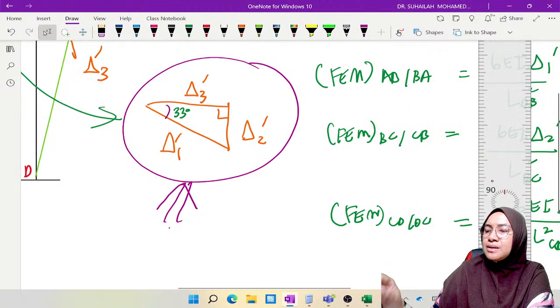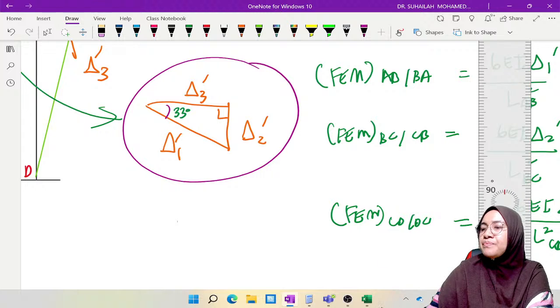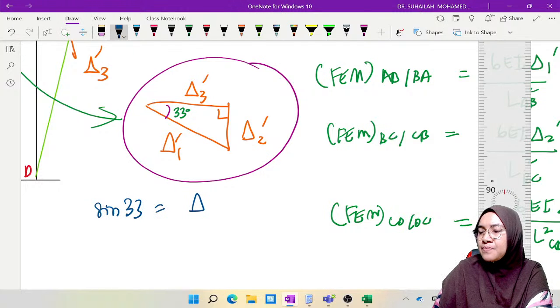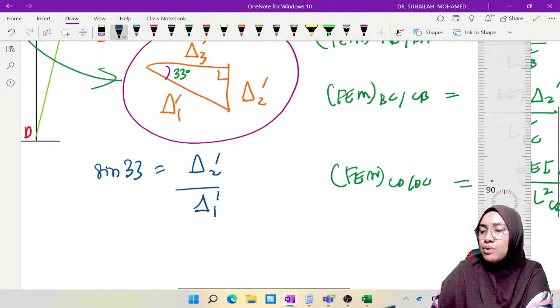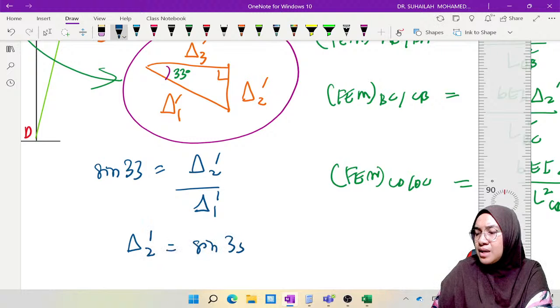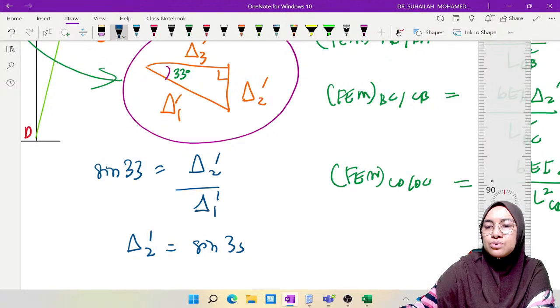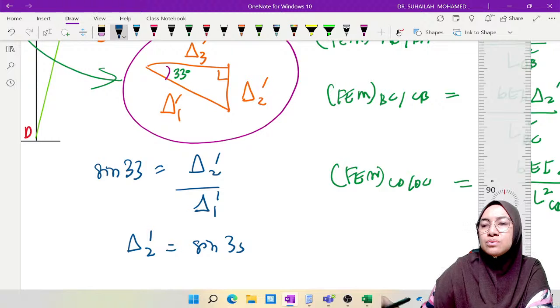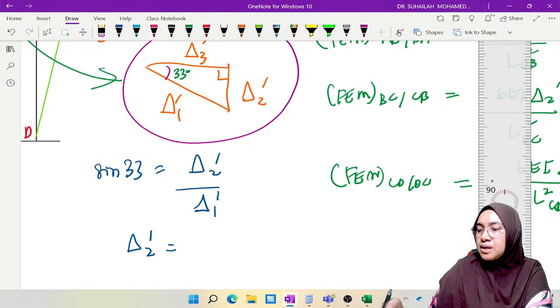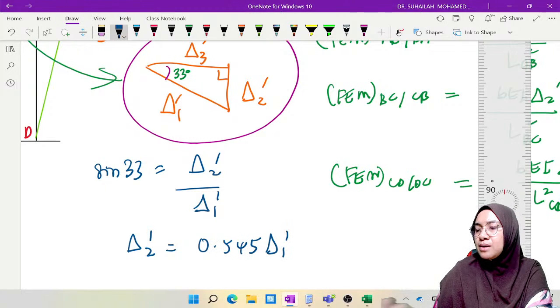Okay, for delta 1 and delta 2, we have sine 33 equal to delta 2 prime over delta 1 prime. We want delta 2 in terms of delta 1 prime. So sine 33 is equal to 0.545 delta 1 prime.